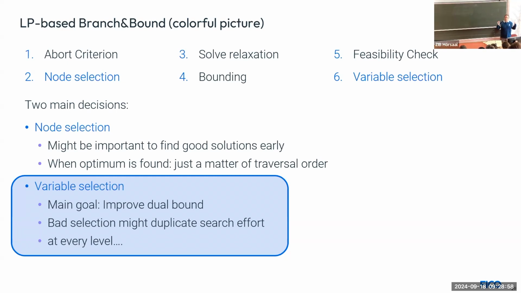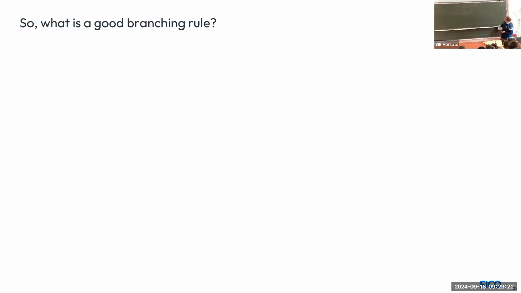You can easily think of some example where a bad selection in the beginning would essentially just duplicate your search space. If you branch on something which has no effect on the optimality proof whatsoever, you're just going to double your search space, do that a couple of times, exponential explosion for no good. So we need to do something clever here.